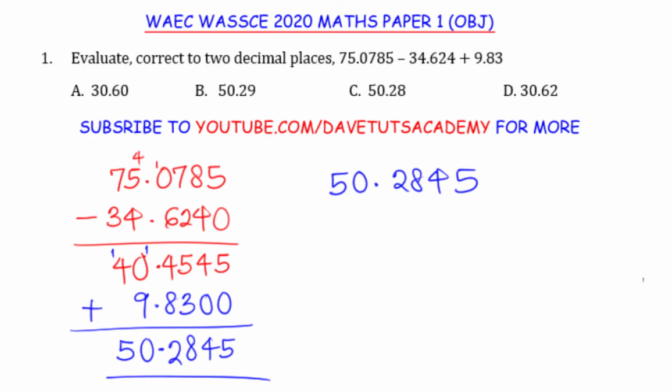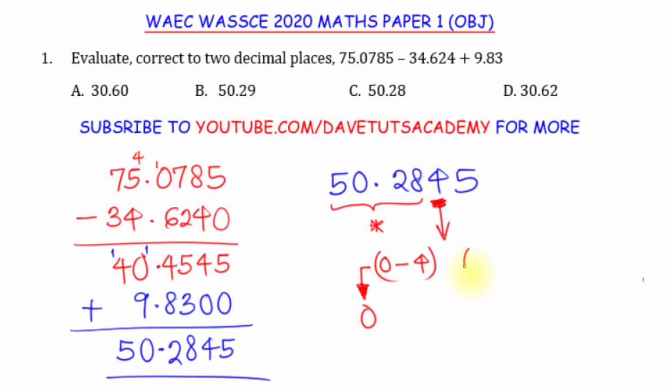And for us to do that, we can see if it's 2 decimal places, we just have this as our entry. But before we can conclude, we need to know how to deal with this 4, because we need to round it up or round it down. Now, as a rule of thumb, any number between 0 to 4 is generally taken down to 0, okay?